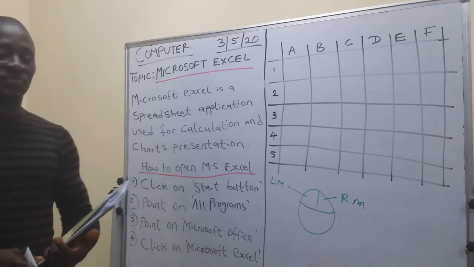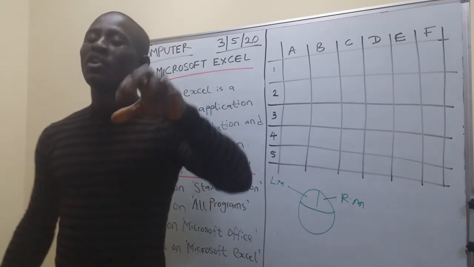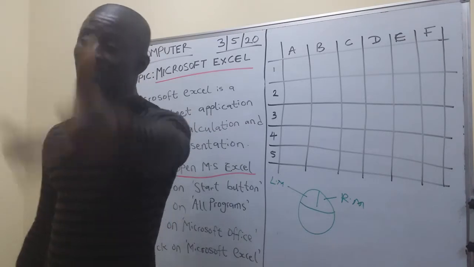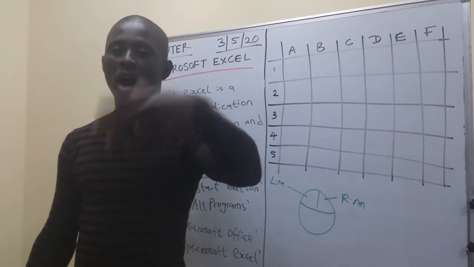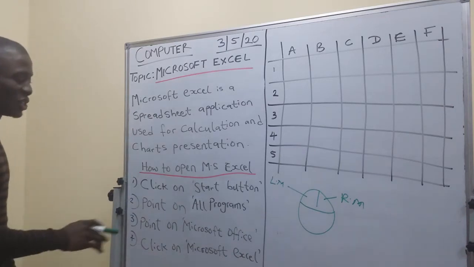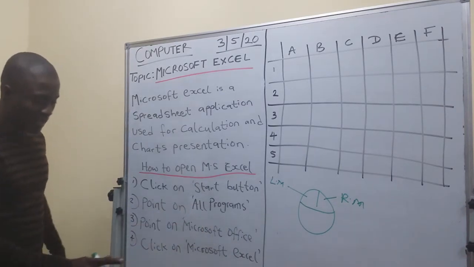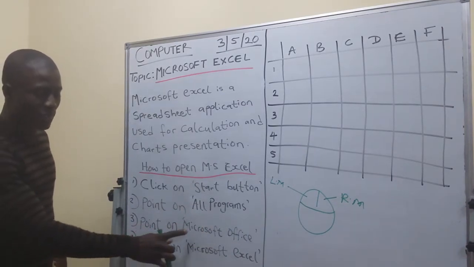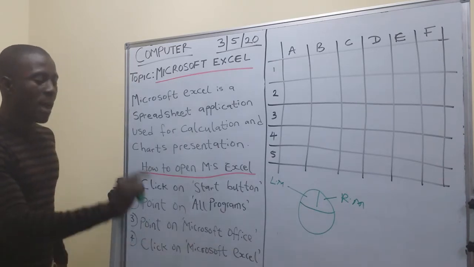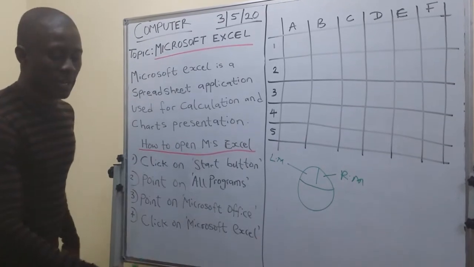Is that clear? If you have your computer over there, I will advise you to get it ready. Open your laptops. Let's do it together. You point on All Programs, point on Microsoft Office, click on Microsoft Excel.